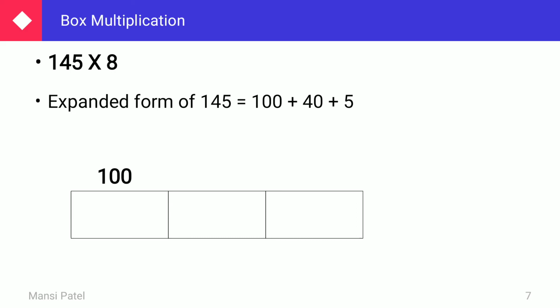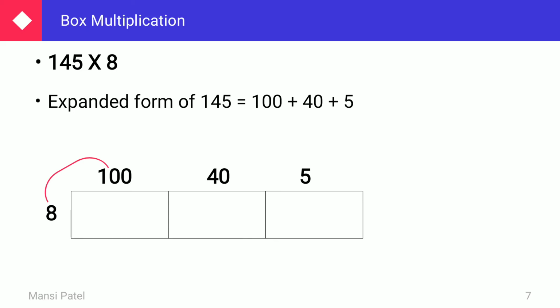Now we have to write down all the expanded form. In the boxes you write down 100, then 40 and then 5. Now which number do we have to write down on the side? The second number, and our second number is 8. So we write down here 8. Now in this box we have to do the multiplication of 100 multiplied by 8.